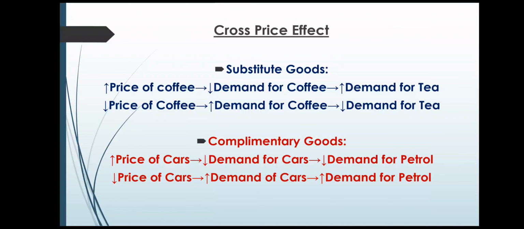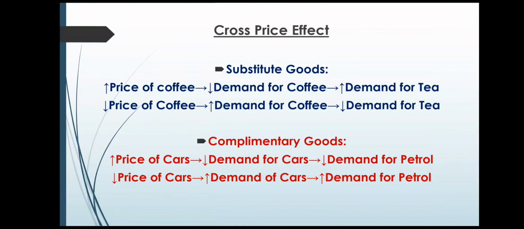On the contrary, when there is a fall in price of coffee, people are going to prefer to purchase coffee. So there will be an increase in demand for coffee, which will lead to decrease in the demand for tea. So this was an example for substitute goods.